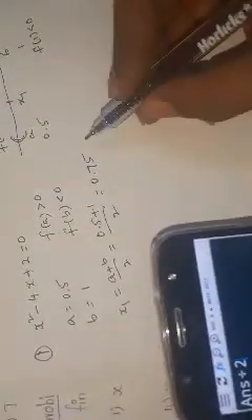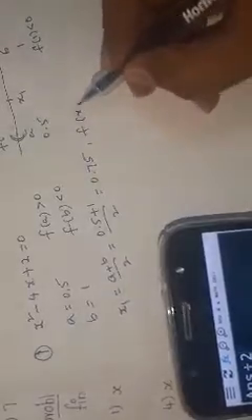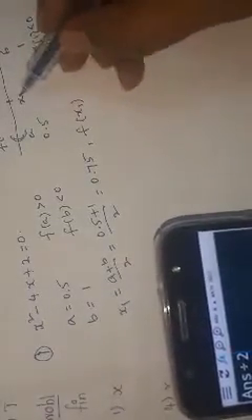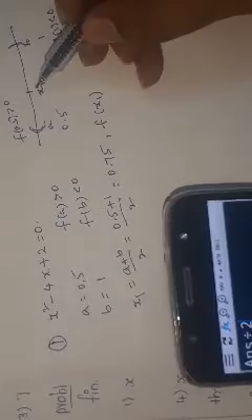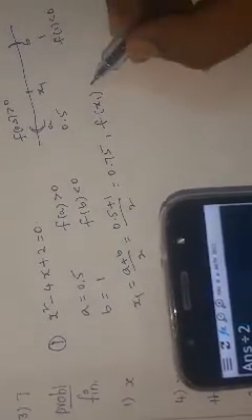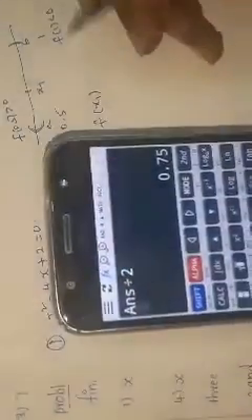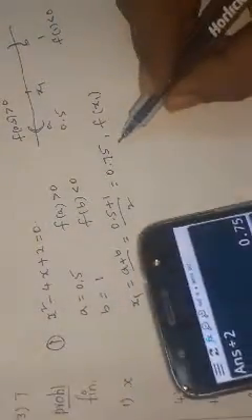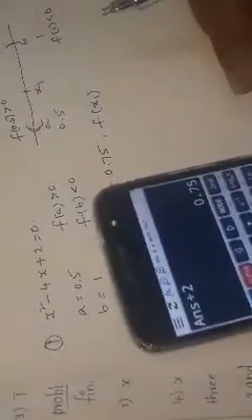Now what about f of x1? Whether it is positive or negative. Again, calculate f of 0.75 in your calculator.